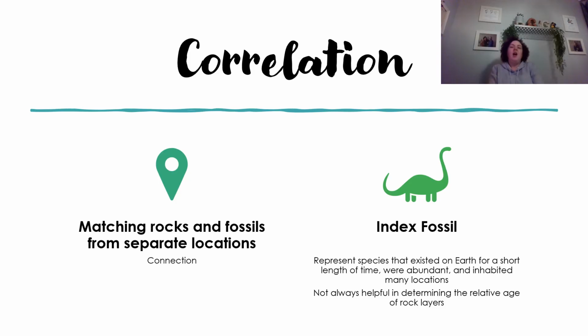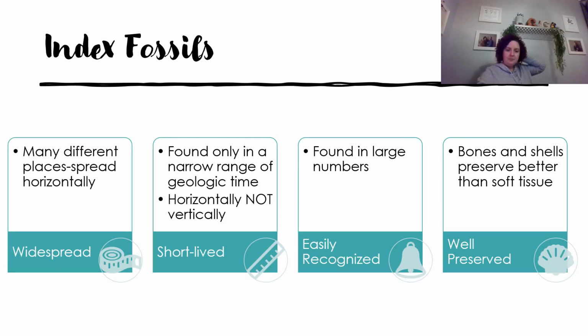Okay, so let's talk about what makes a good index fossil, because not every fossil can be an index fossil. So next slide. An index fossil has 4 requirements it must meet in order to be a good index fossil. So, first of all, it must be widespread, meaning that you're finding this fossil in more than just 1 or 2 locations.